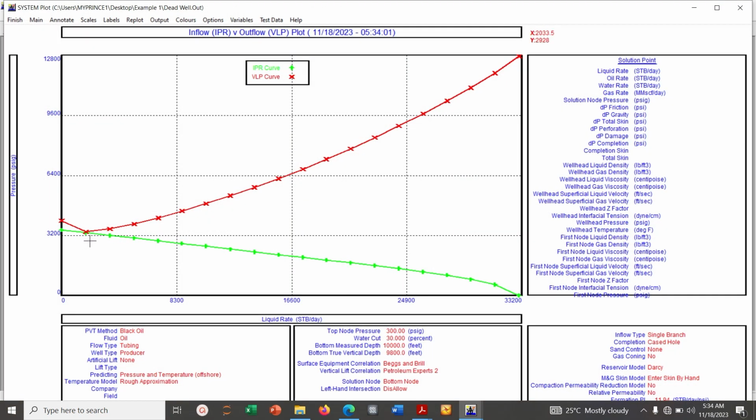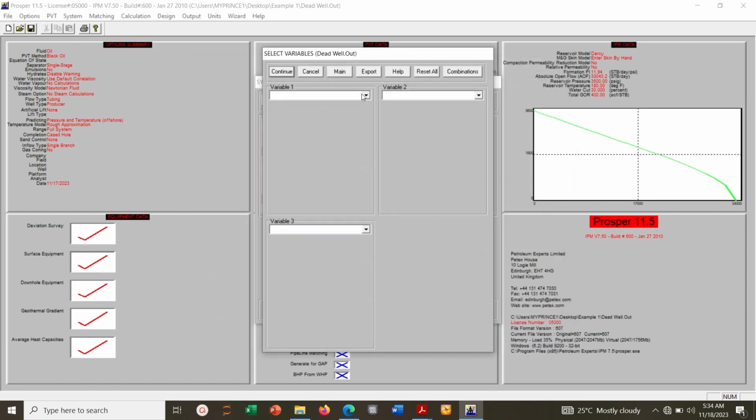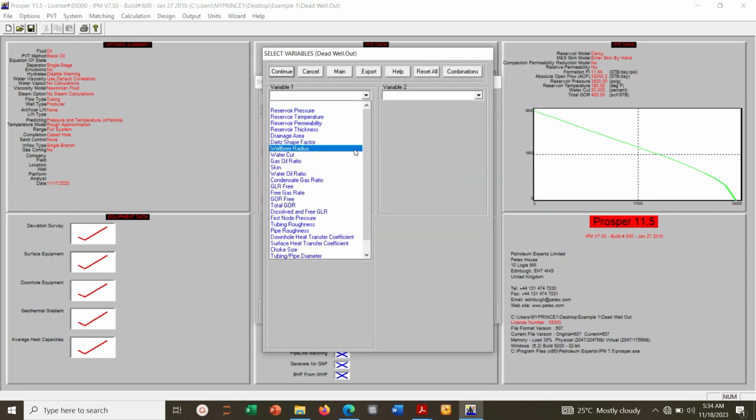So, a well is said to be dead when there is no intersection between the inflow and the outflow. So let's go back and see what we can do to bring back this well to production.